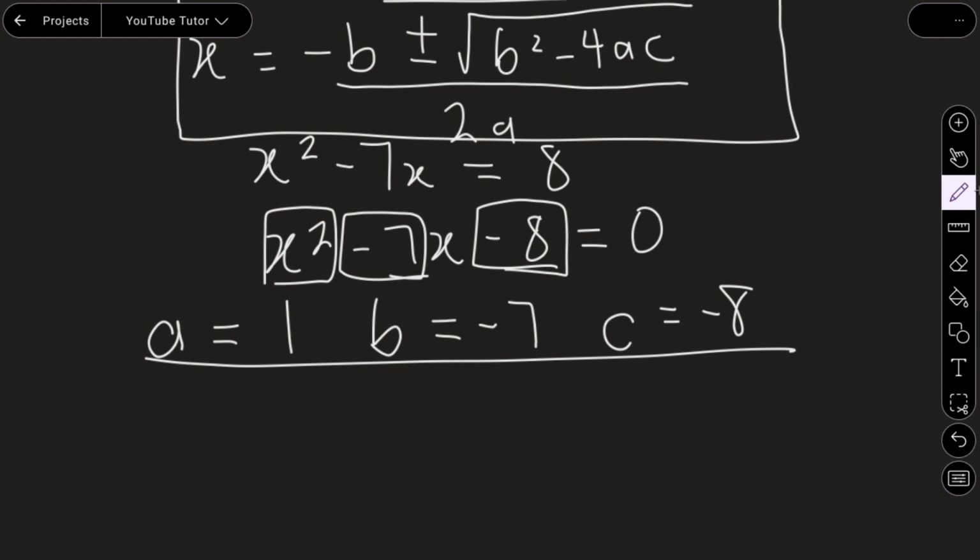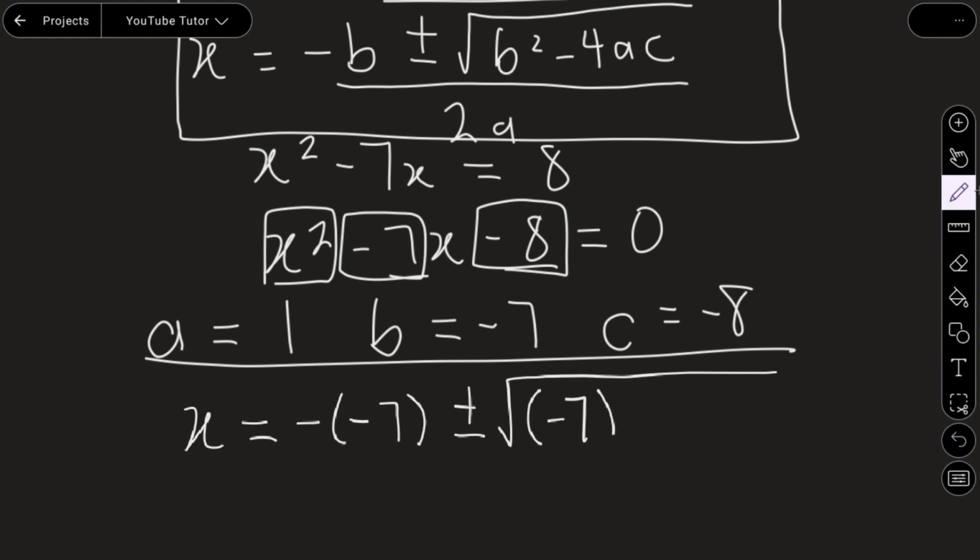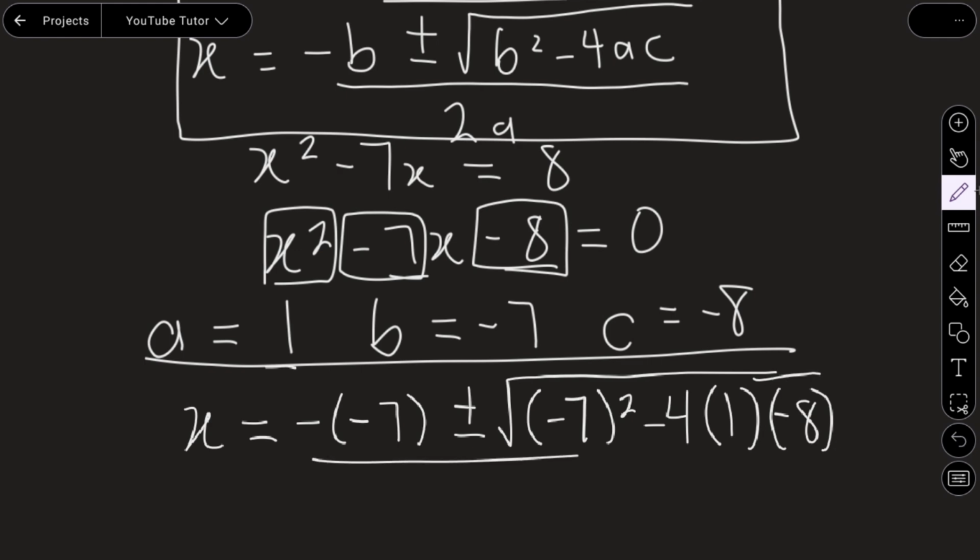So we have x is equal to negative b, so we can do negative 7, since we know our b is negative 7, plus or minus root of b squared, this same b squared, negative 7 squared minus 4 times a, which is 1, and c is negative 8, all over 2 times a, which is 1.